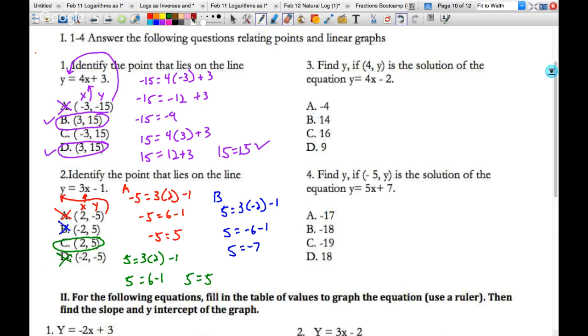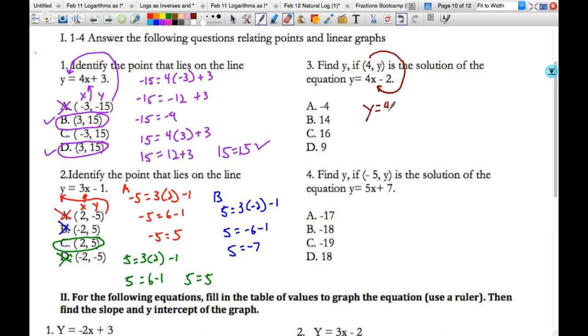All right. Number 3 asks a similar question in a different way. Find the value of y if 4 comma y is a solution to this equation. So I know that when I plug these numbers in, it's going to make it balance. So why don't I plug in just the number that I have, this 4, in for x, and then I'll solve for y. I'll replace the y with a y. It won't change.